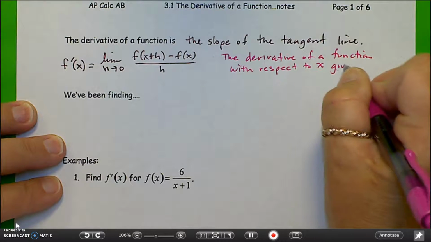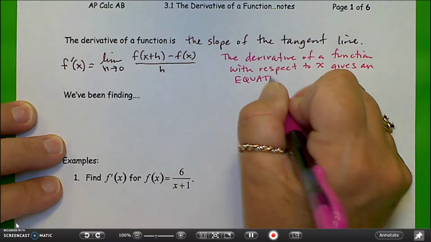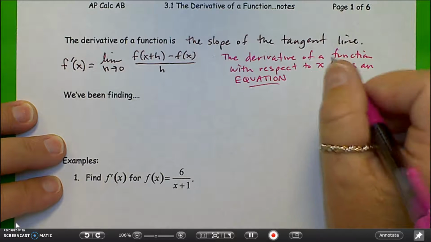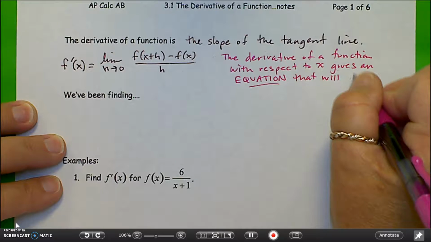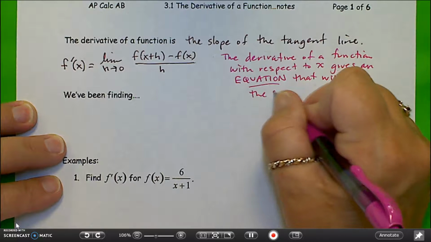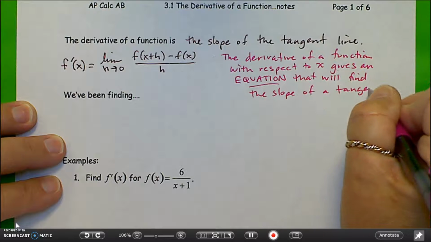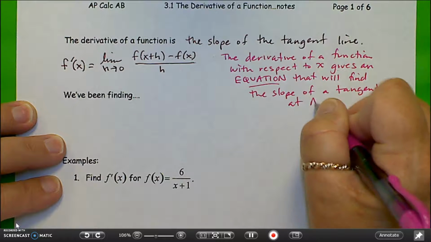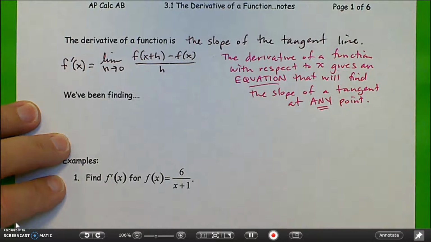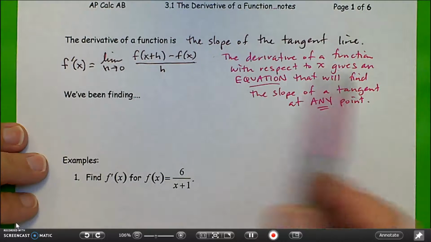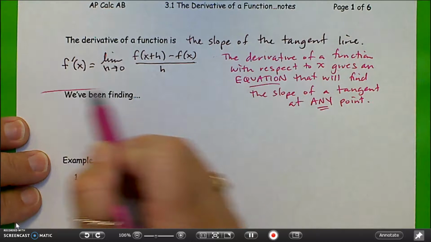It gives us an equation that will find the slope of the tangent line, or the slope of a tangent line, at any point you're interested in. So you're going to get an equation with respect to x that represents the slope of the tangent line, and then you can plug in whatever values of x you're interested in.